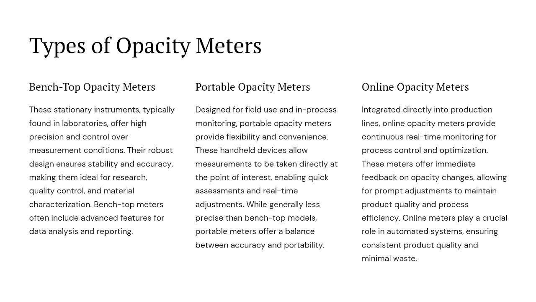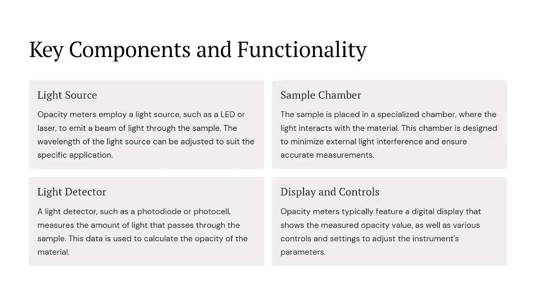They are slightly less precise but very convenient for field work. Online meters are built directly into machines on production lines. They monitor materials continuously and help make real-time adjustments. Each type is designed for specific needs.